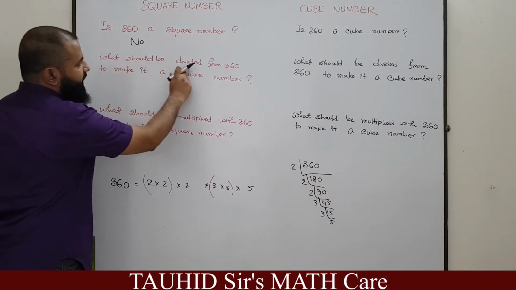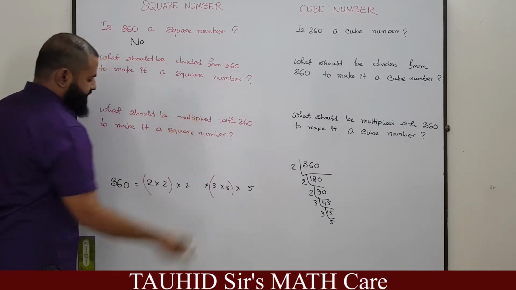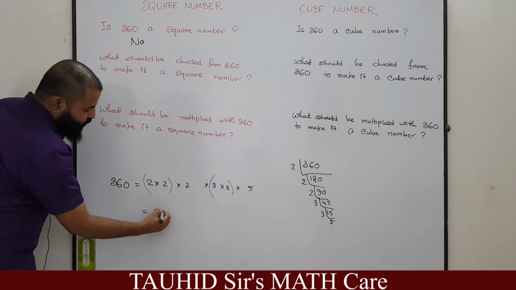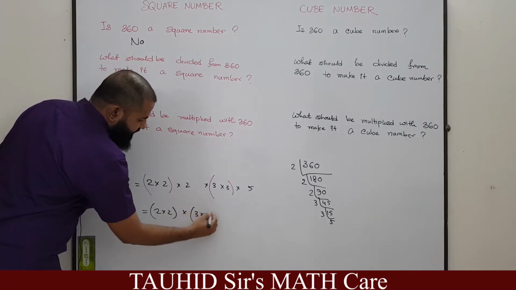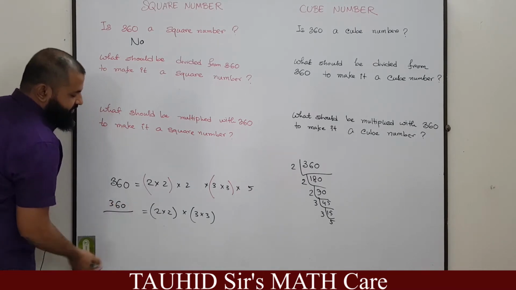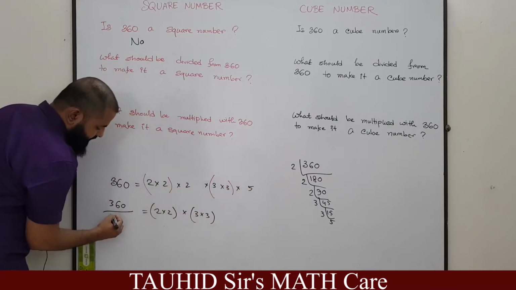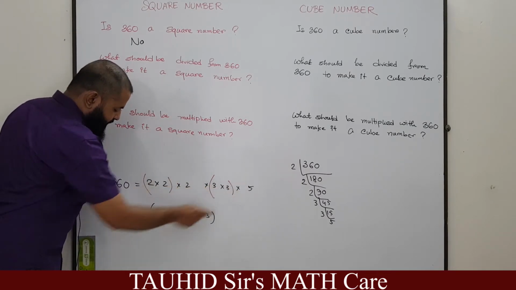What should be divided from 360 to make it a square number? Here we have 2 into 2 multiplied by 3 into 3. We can write this if we divide 360 by 2 and 5. We bring these 2 here, we bring this 5 here.